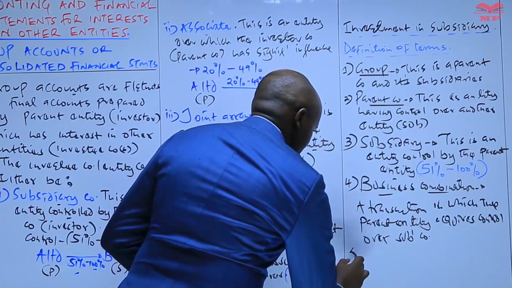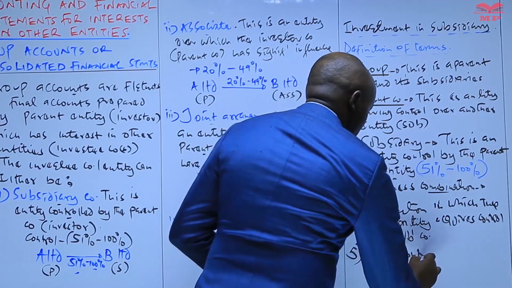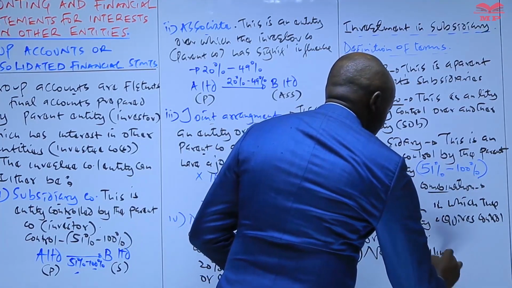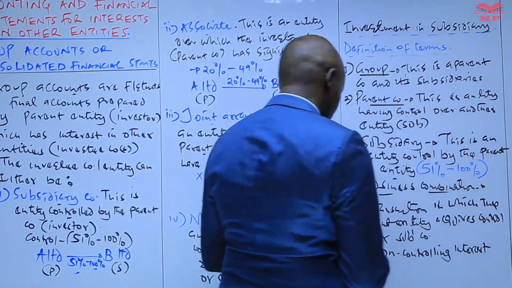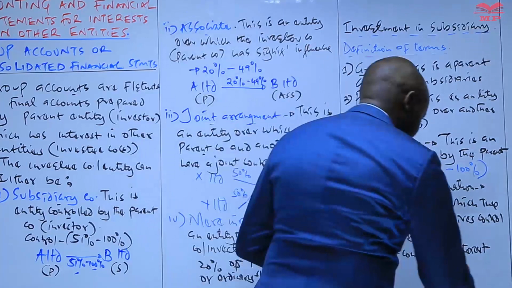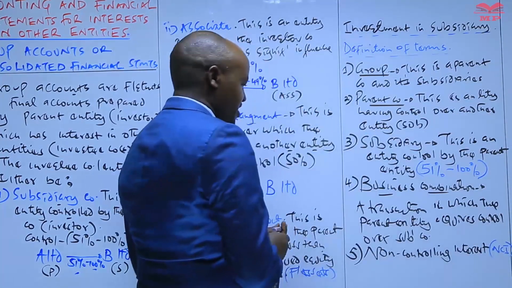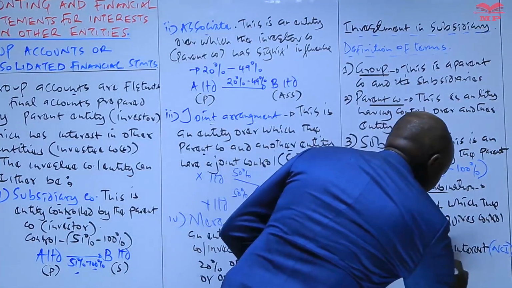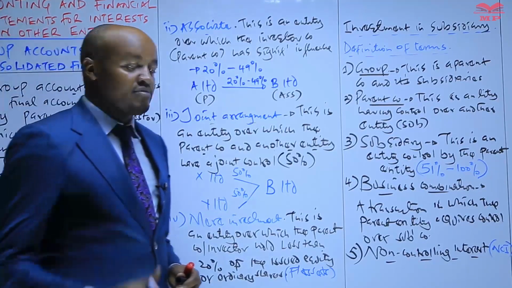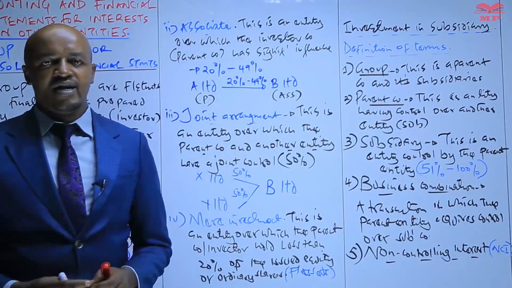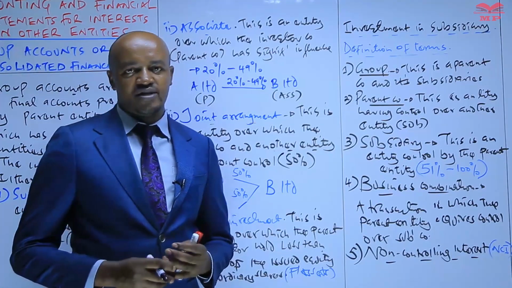The other term, number 5, is non-controlling interest, which is abbreviated as NCI. What do we mean by NCI, non-controlling interest? Basically this refers to the shares issued by the subsidiary company and held by the minority shareholders.